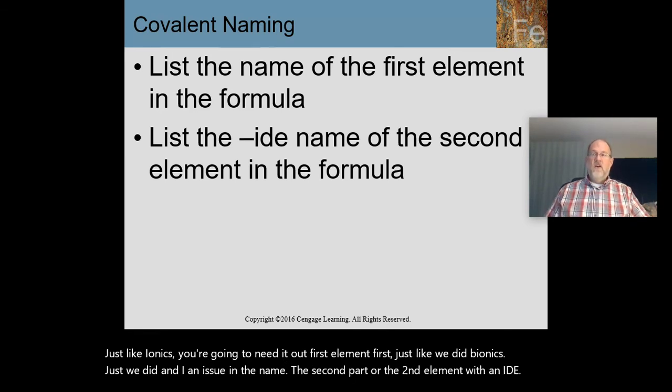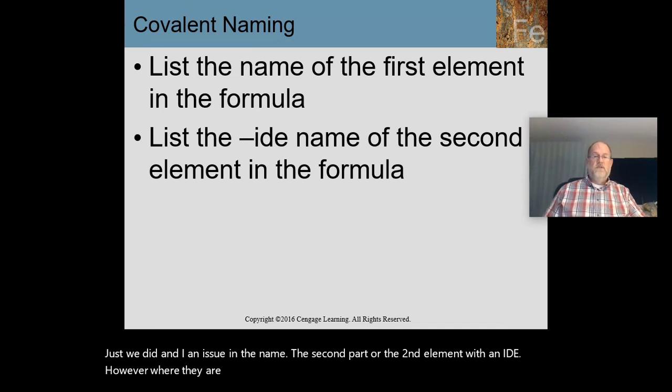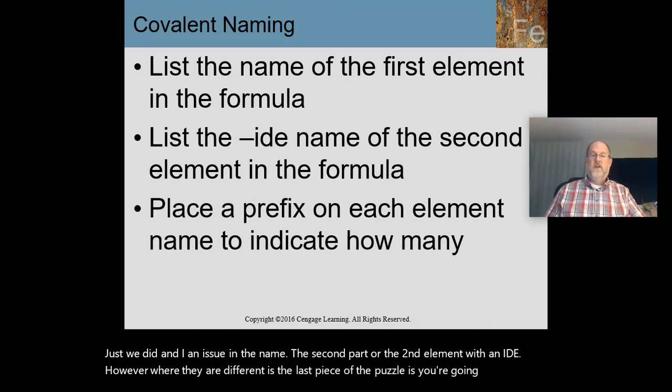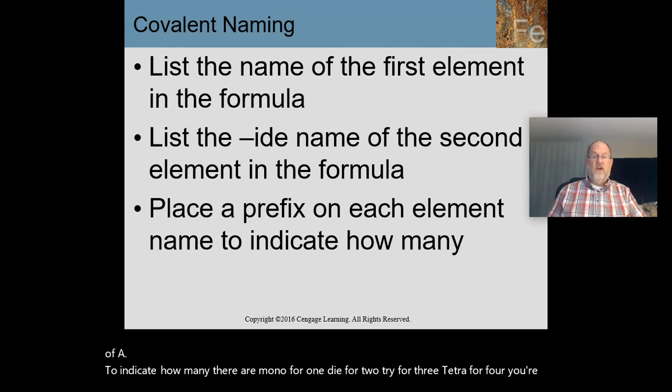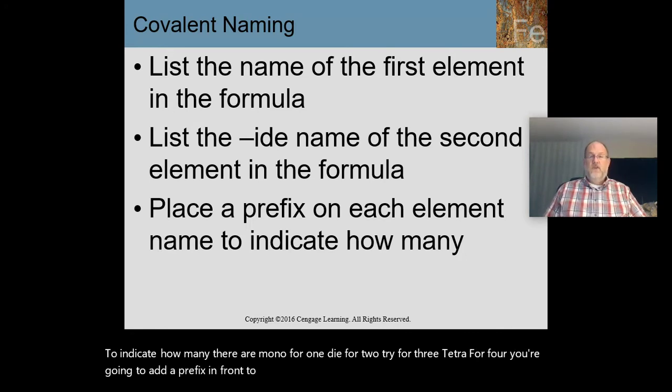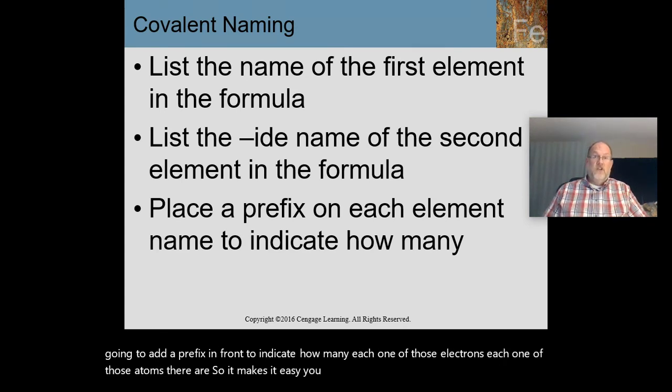However, where they are different is the last piece of the puzzle: you're going to add a prefix to indicate how many there are. Mono for 1, di for 2, tri for 3, tetra for 4. You're going to add a prefix in front to indicate how many of each one of those atoms there are. So it makes it easy. You don't have to worry about what's the charge because there is no charge.